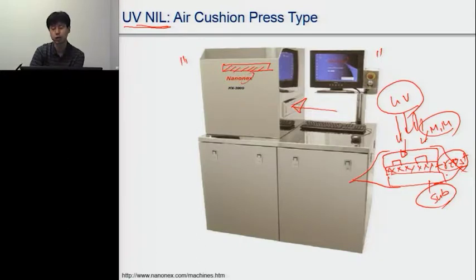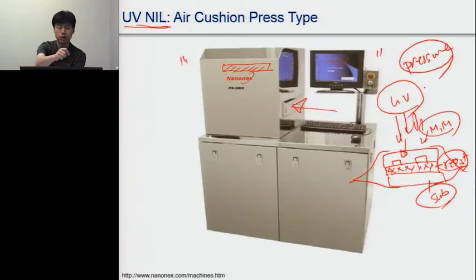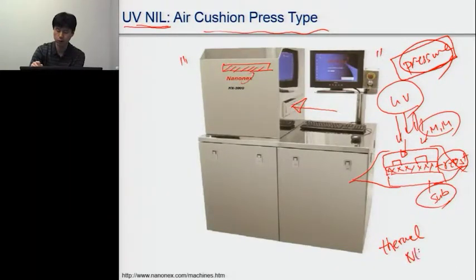And we also need to apply some pressure in this kind of system. As for the pressure application, for this type of system, its pressure range is very similar to that of thermal nanoimprinting lithography.